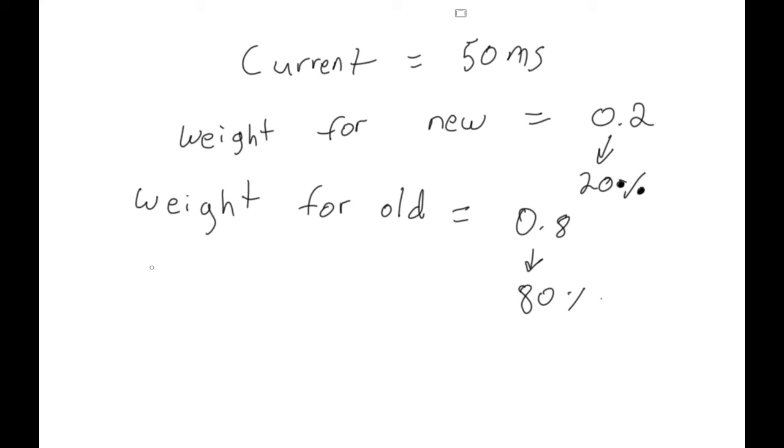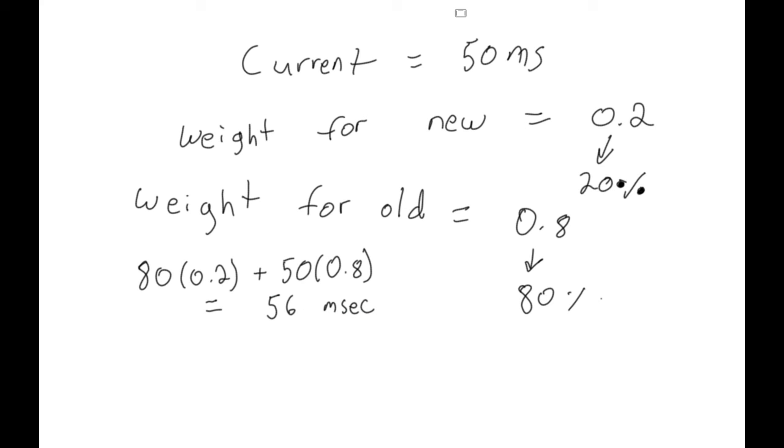The new weight is 0.2, and the old weight is 0.8 because of the 100% thing that I just talked about. And that's the round trip time average after the first acknowledgement comes in, after the first 80 comes in. This is actually equal to 56 milliseconds.